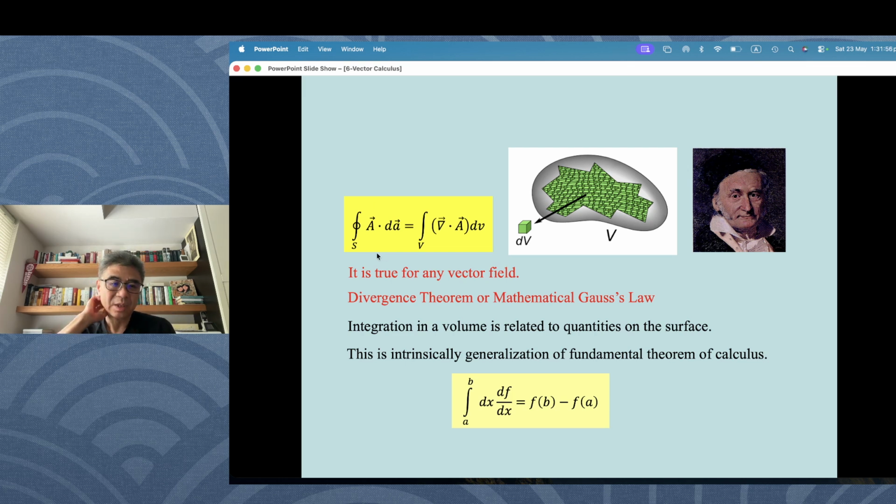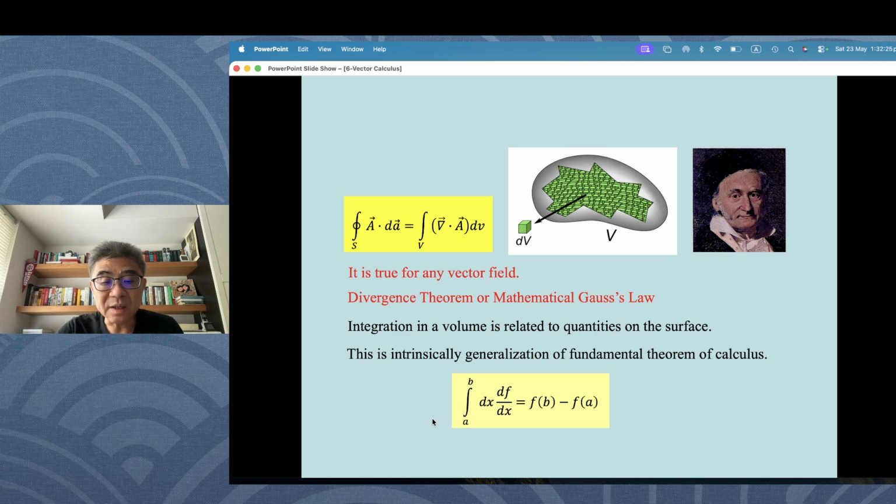Think carefully, it is not so surprising actually, because we have met this kind of connection once in calculus. In calculus, the fundamental theorem looks like this. The integration of a derivative is equal to f(b) minus f(a). f(a) and f(b) are the values of the function at the two endpoints.